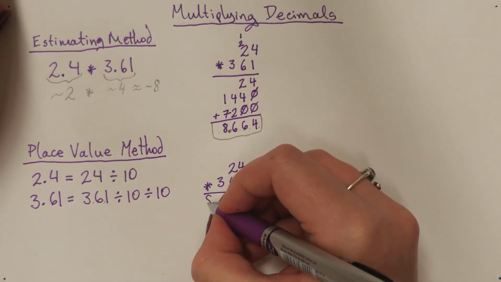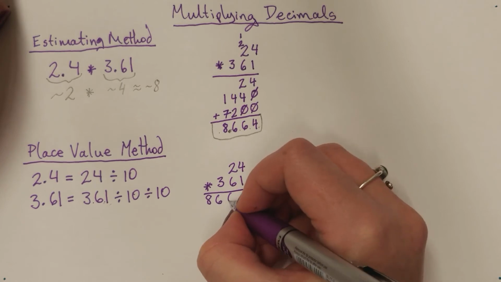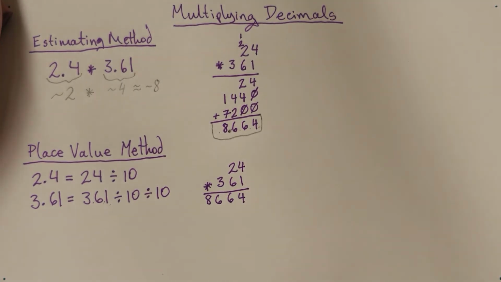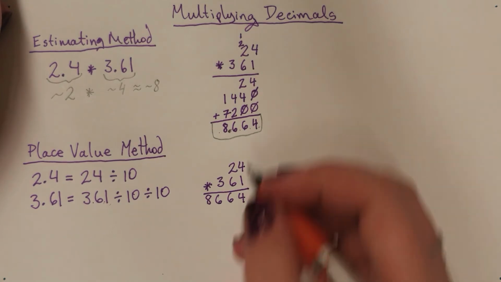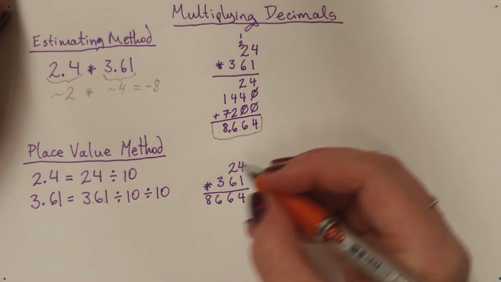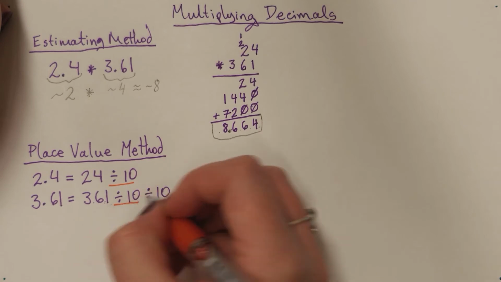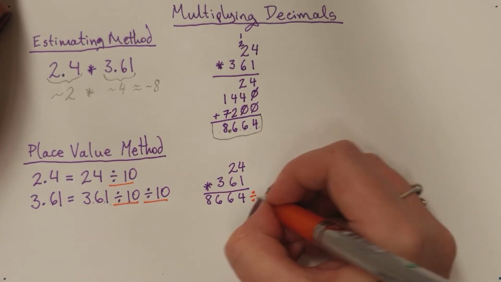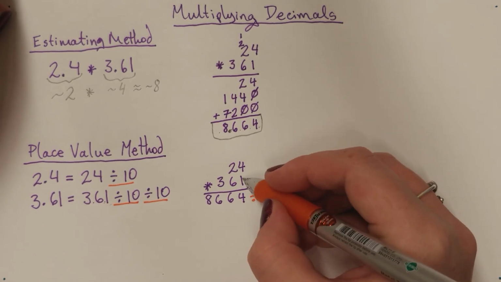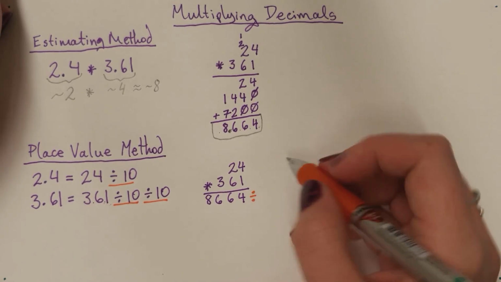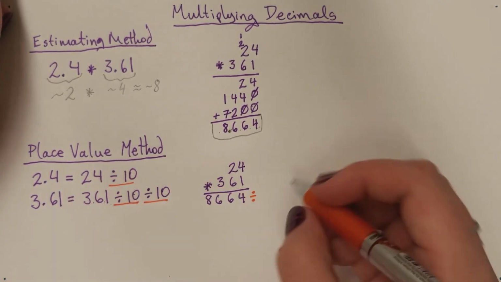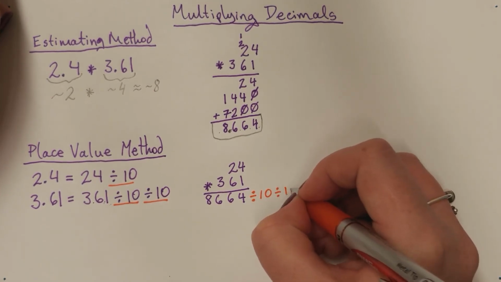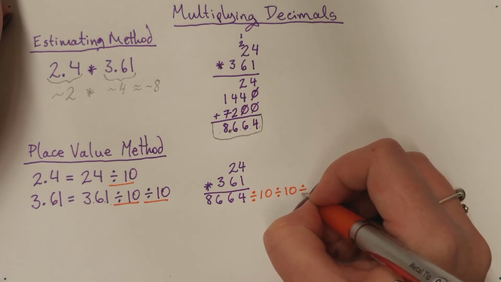We get the same answer, 8,664. But this time, instead of estimating, we can divide by 10, divide by 10, divide by 10. Because that's the part we were leaving out when we used 24 times 361 instead of these numbers.